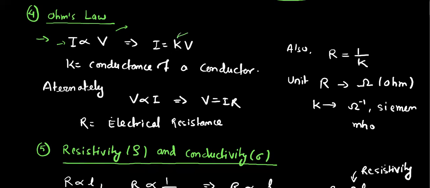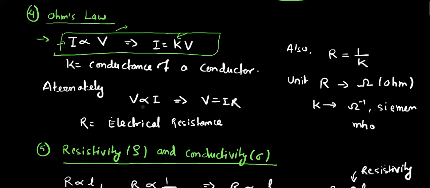Okay, and this is the proportionality constant, and this is also known as the conductance. So this is one way of expressing Ohm's law, and there is another way, which relates the potential with current, and says that potential depends directly upon the current.